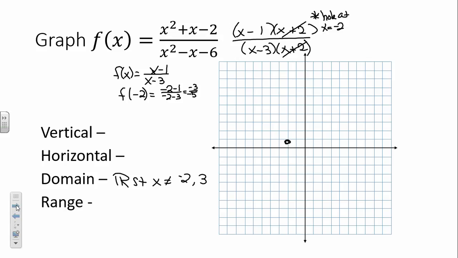So next we're going to look at it and decide, so we know our vertical asymptotes, right? We've canceled one of them out now, so what's the only vertical asymptote we have? Yep, what makes the denominator equal to 0? X equals 3. So we'll put a dashed line here.